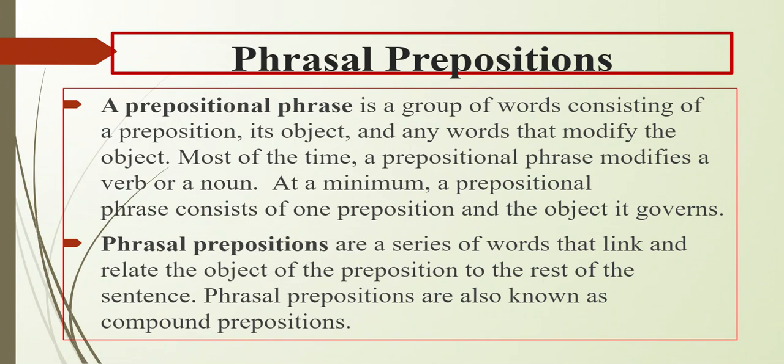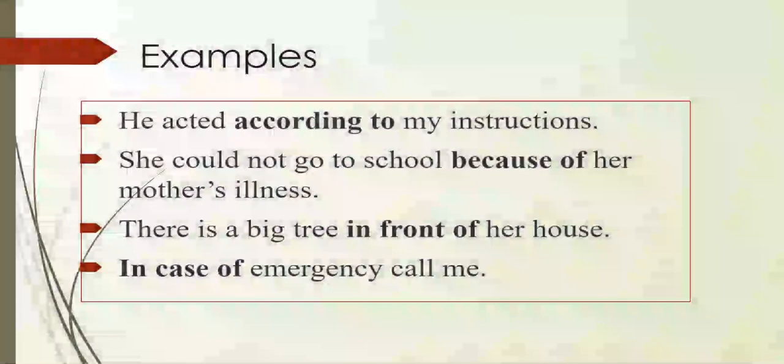So a prepositional phrase is a group of words consisting of a preposition, its object, and any words that modify the object. So here are a few examples. Please go through them. When we say Ram could not stand on the stage due to long illness, a prepositional phrase is used.